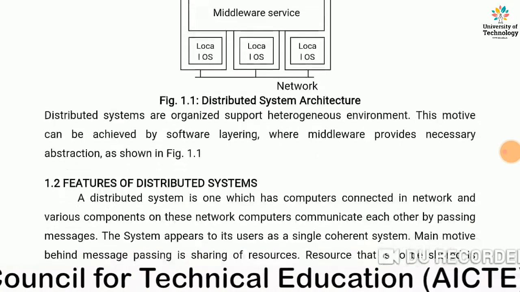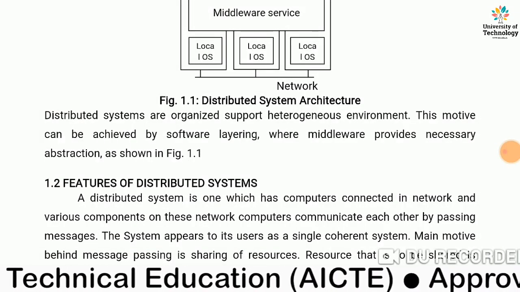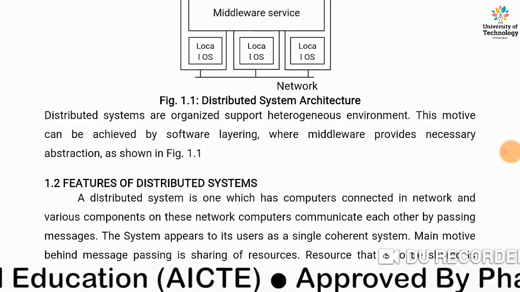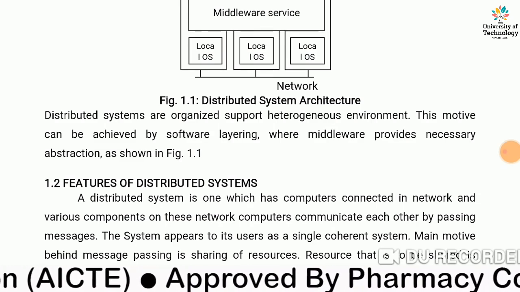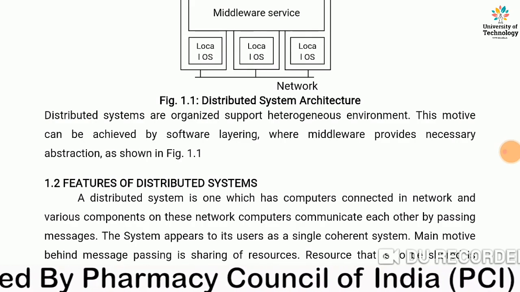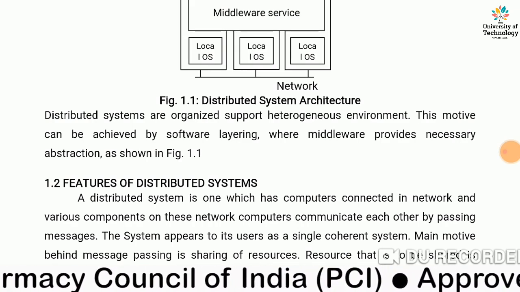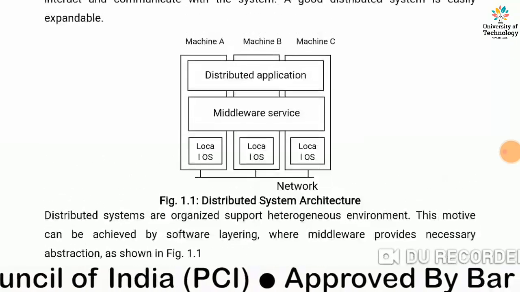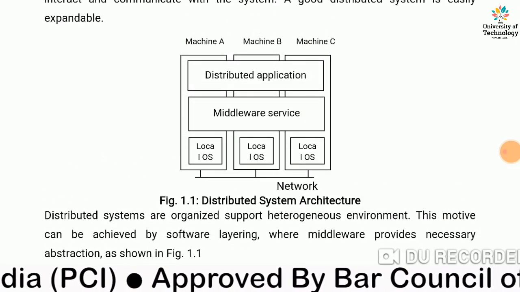Distributed systems are organized to support a heterogeneous environment. This can be achieved by software layering, where middleware provides the necessary abstraction, as shown in figure 1.1, the distributed system architecture.